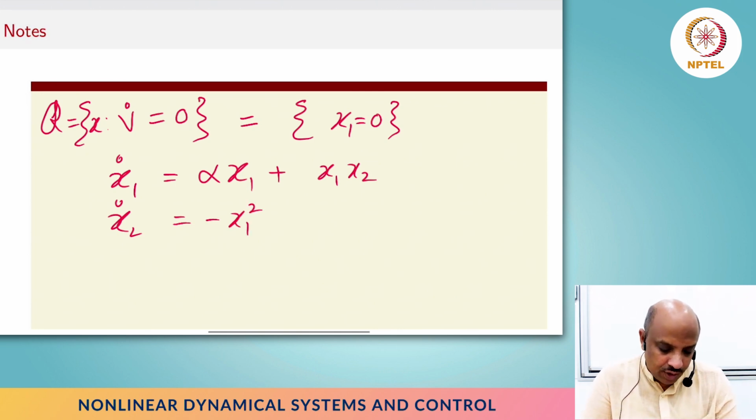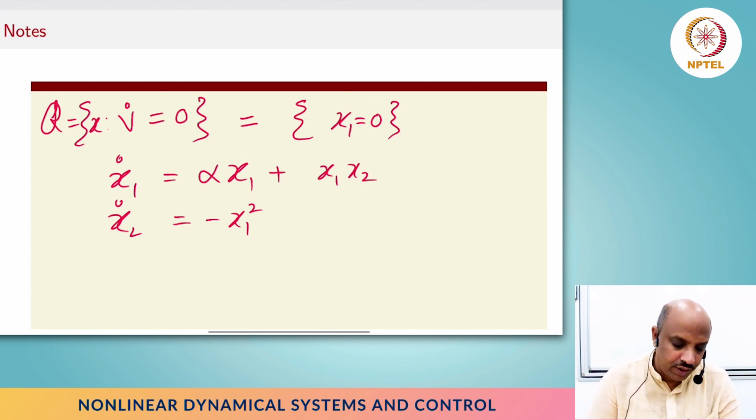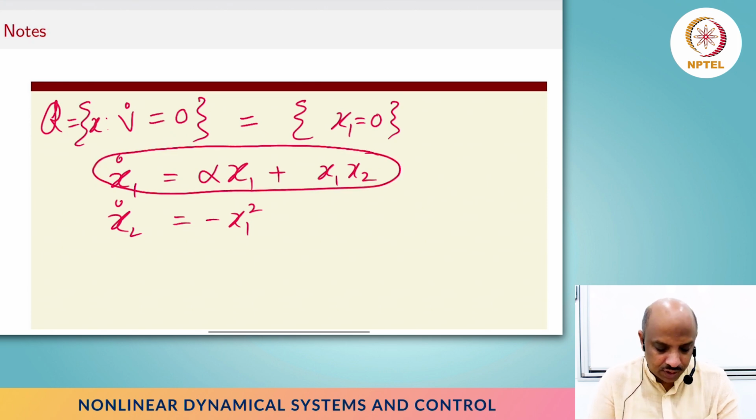So we have to look for invariant sets that satisfy this dynamics, right? Because on the invariant set, if something is true, it's going to remain. If x1 is 0, we know then x1 of t is going to be 0. So therefore in the first equation, x1 is going to be 0, x1 dot is going to be 0, so there's nothing that's going to come really much out of this particular dynamics.